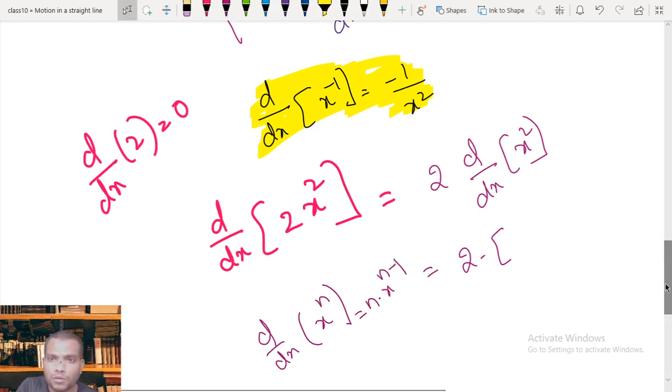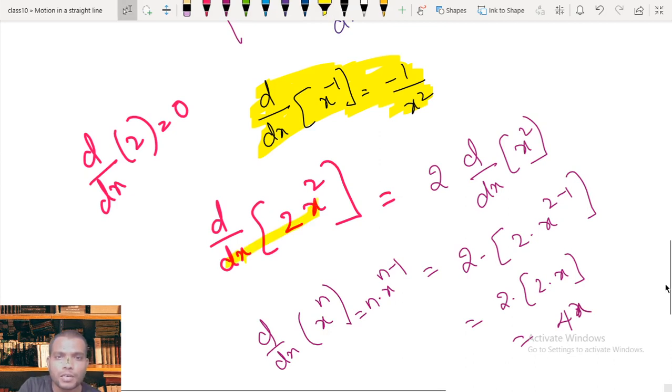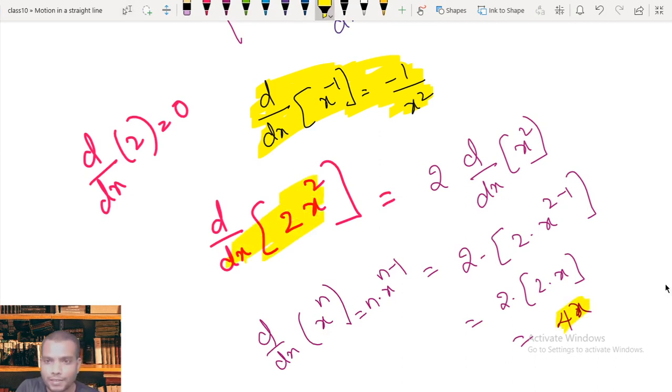Here n value is 2, so 2 times x power 2 minus 1. So 2 times 2 dot x, 2x, and its value becomes 4x. So the value of d by dx of 2x square is equal to 4x.